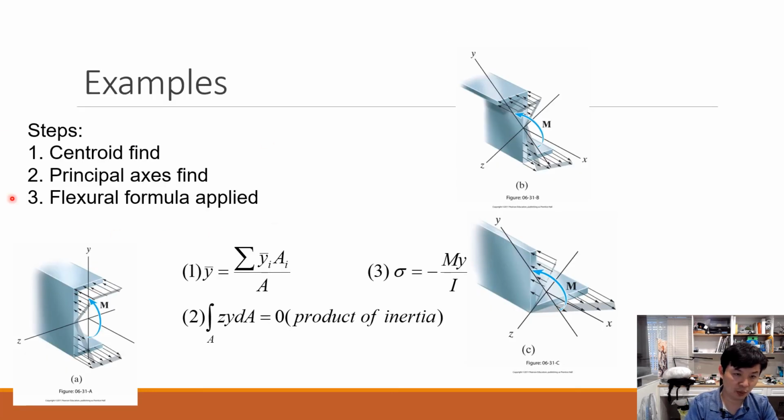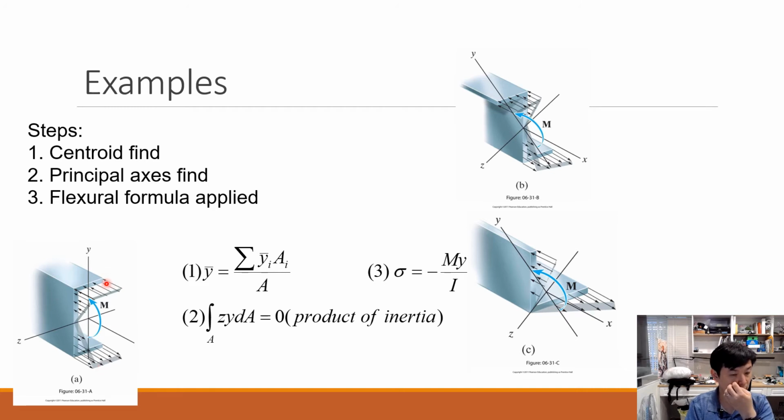So this is one example, or some examples, where we can use the above strategy. This one is a C-shaped structure. It has a symmetric axis along z because the upper and lower parts are symmetric, but this cross-section does not have symmetry along the y-axis. The right and left sides are not symmetric.